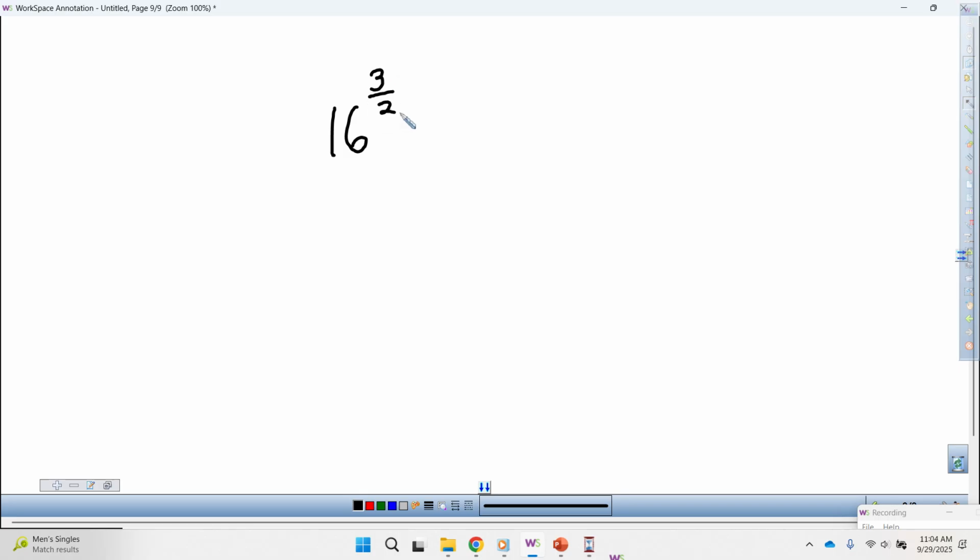Now, this we needed to rewrite, and it became 16 to the 1/2 power times 3 because we moved the 3 next to the half, and we just put a 1 on the numerator. Are we there so far?